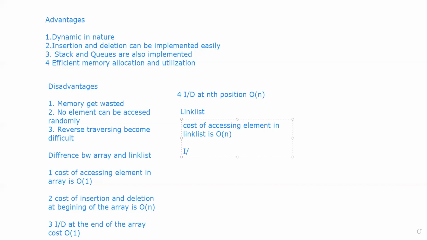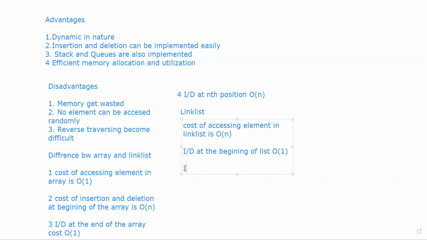Then insertion and deletion at the beginning of the list will cost big O of 1, because in this case it is a very short operation.